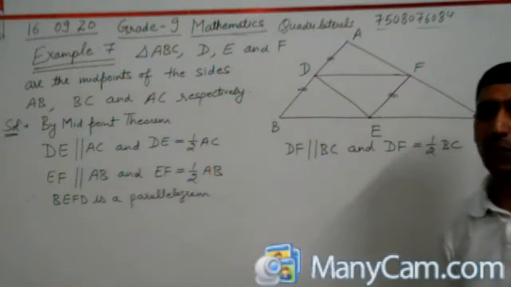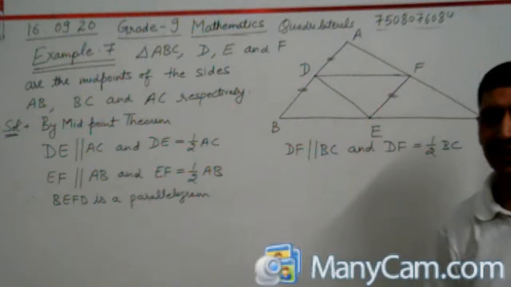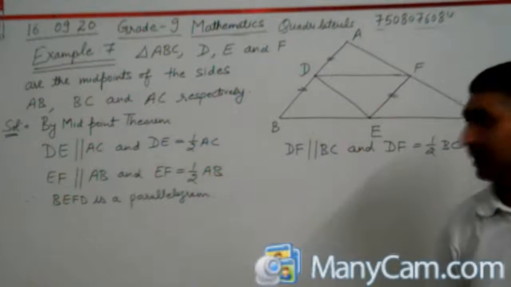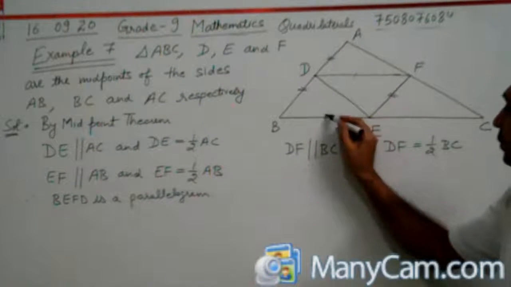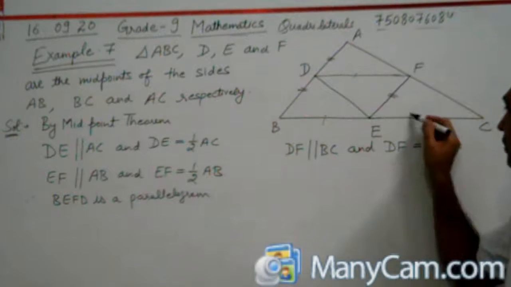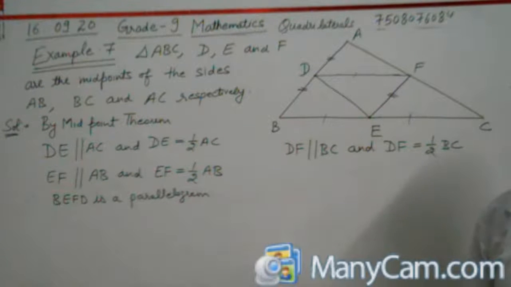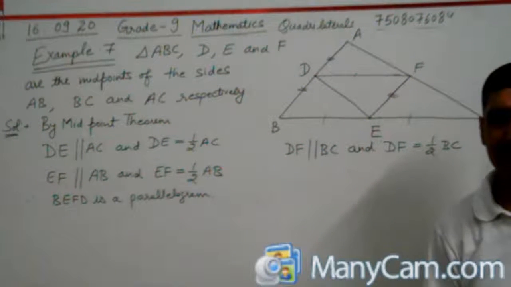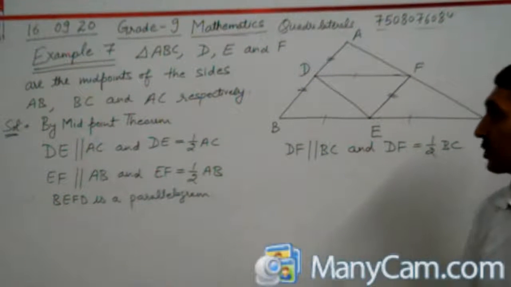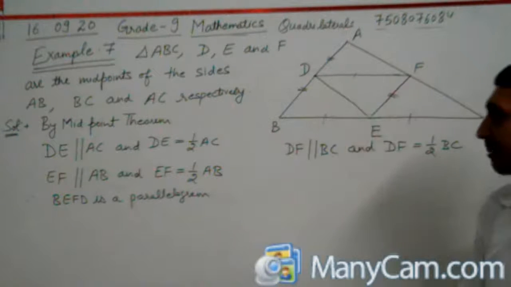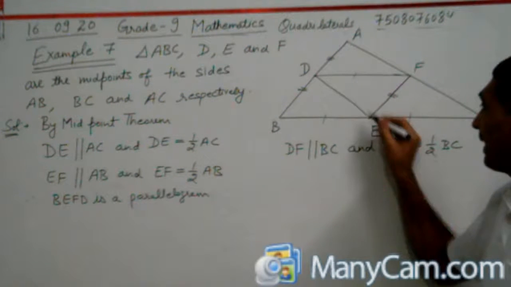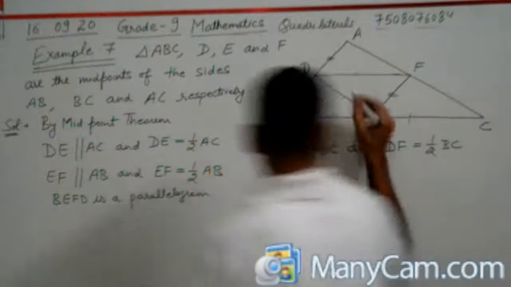It is a sufficient condition for a parallelogram: one pair of opposite sides is equal and parallel. But here the other side DF is equal to BE because it is also half of BC. So opposite sides are equal as well as parallel. So BEFD is a parallelogram, and diagonals divide the parallelogram into congruent triangles.